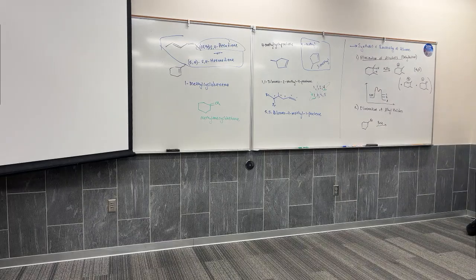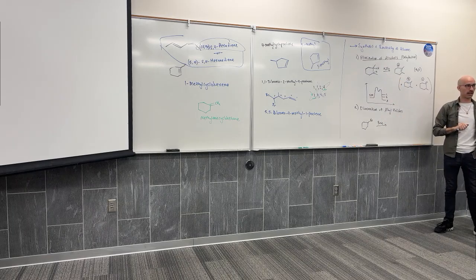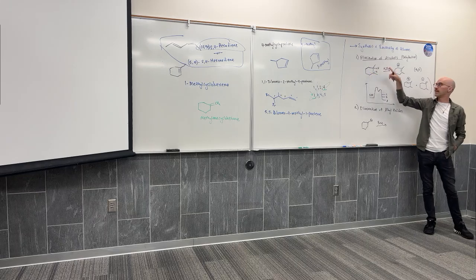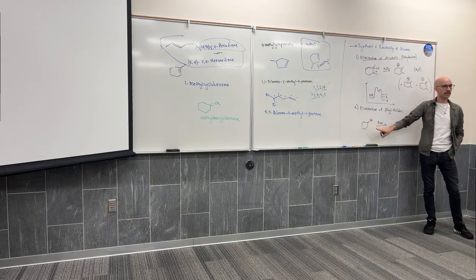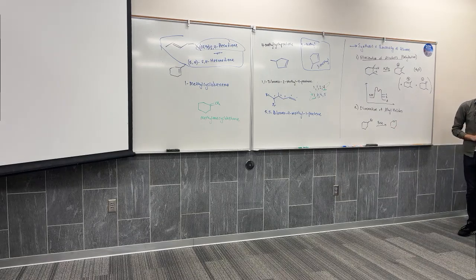So I'm just going to leave this now to say base. Rather than acid, we need a base for this elimination reaction. Your starting material functional group dictates what reagents you need. And the product that we're going to get here is cyclohexene.